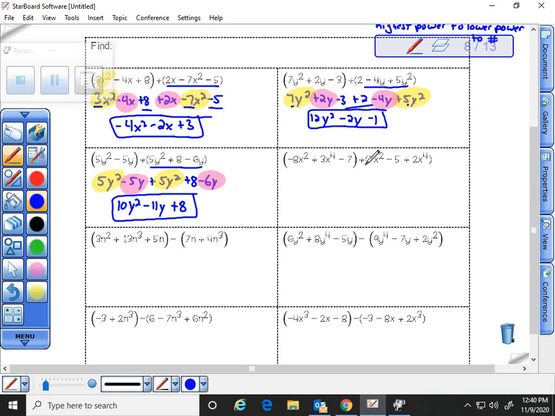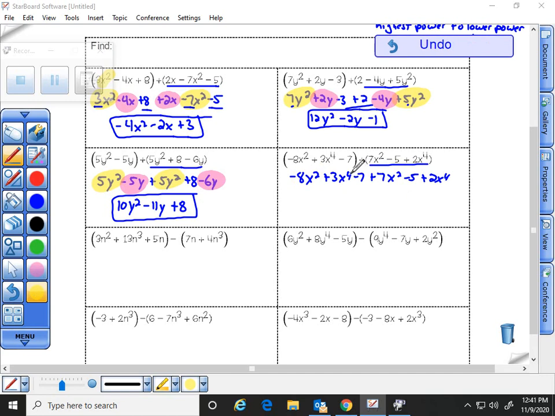All right, the last one with an addition sign, we have the negative 8x squared plus 3x to the fourth minus 7, and then that whole parentheses stays the same. Combine them with your, oops, I should take that one back.